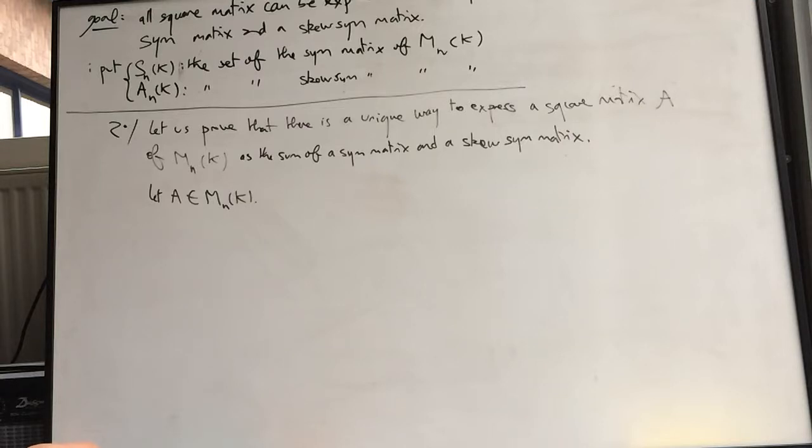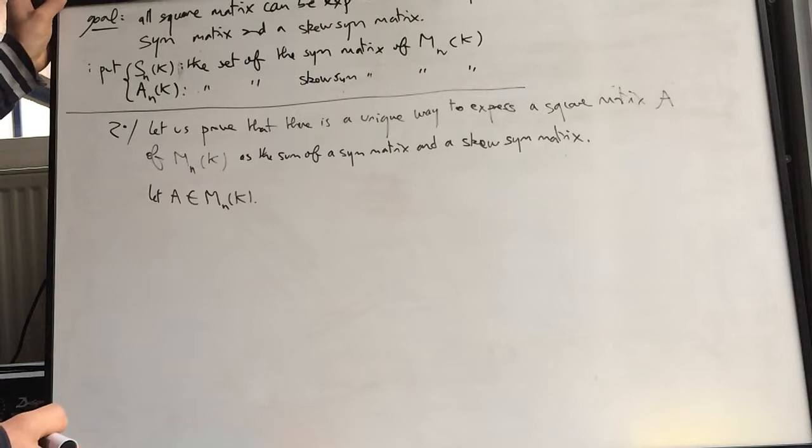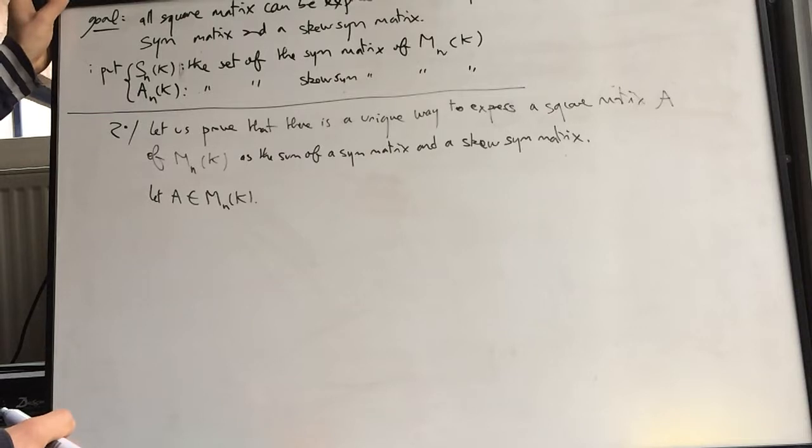And we have seen in the analysis that if B and C exist, necessarily B is equal to 1 over 2 A plus transpose of A, and C is equal to 1 over 2 A minus transpose of A. So immediately there is a unique way to express A as the wished sum.